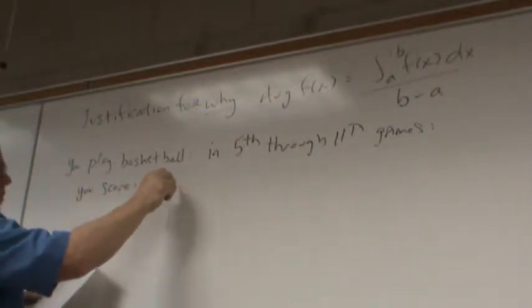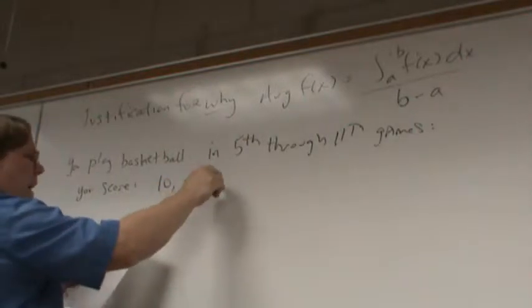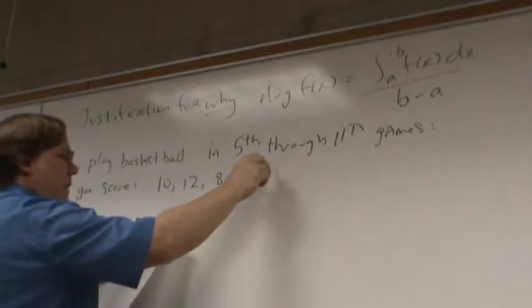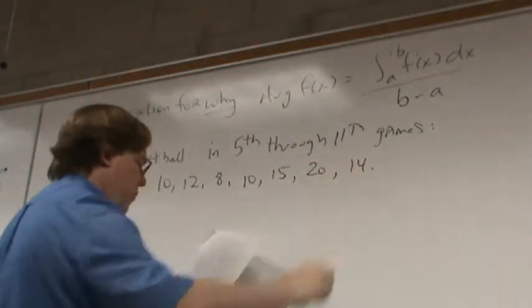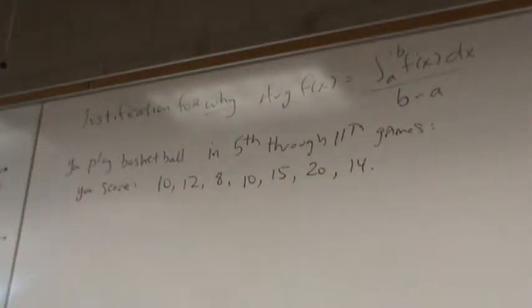You score 10 points, 12 points, 8 points, 10 points, 15 points, 20 points, and 14 points. That's what you score in those 7 games, your 5th through 11th games. You guys okay with that so far?